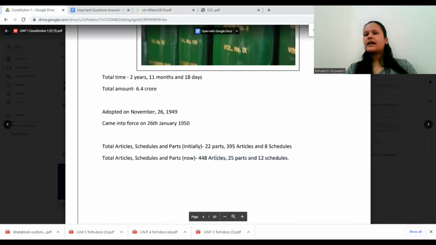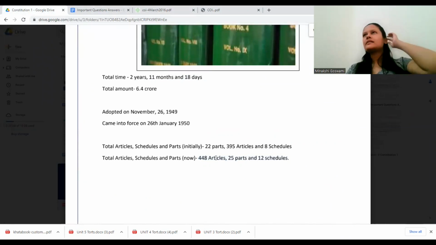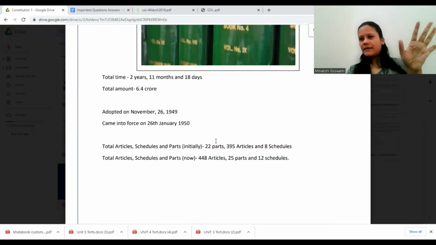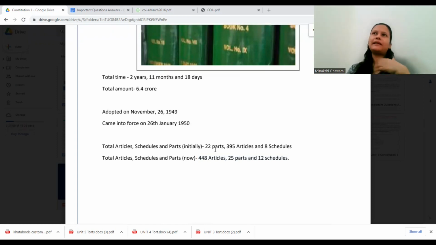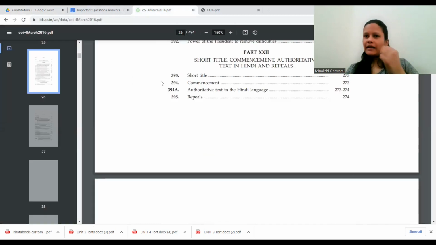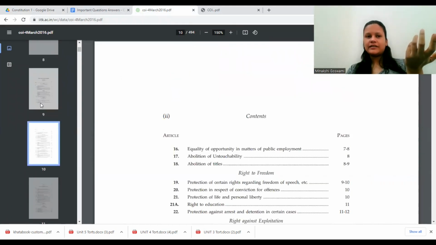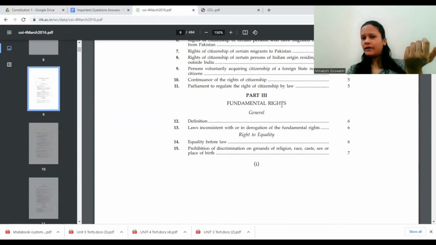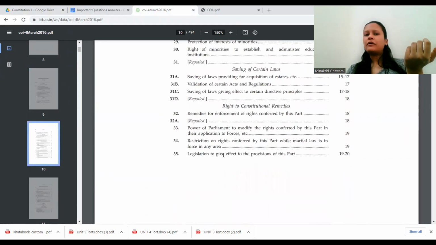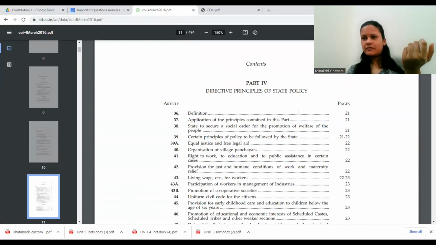So when we say this amendments are being made, right, what happens is, might be in 1950 some constitution became applicable. After that, we realized that, okay, we need to add something as a fundamental right. Or might be you have realized that we need to add something as directive principles. So fundamental rights and directive principles are already included in two different parts, right? Part 3 talks about fundamental rights, and Part 4 talks about directive principles of state policy.